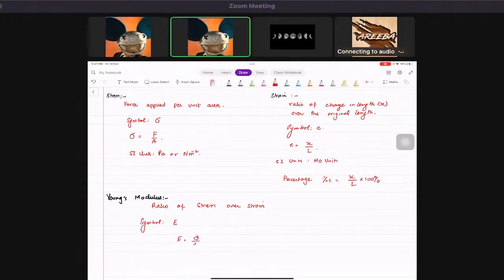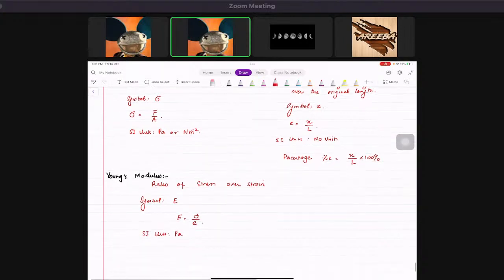So generally, let's talk about the SI units first. SI units are pascals, because stress is pascals and strain has no unit. However, you can expand this too, because stress was force over area, and strain was change in length over original length.